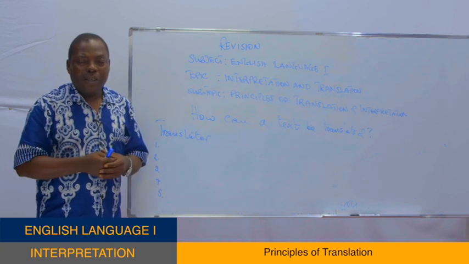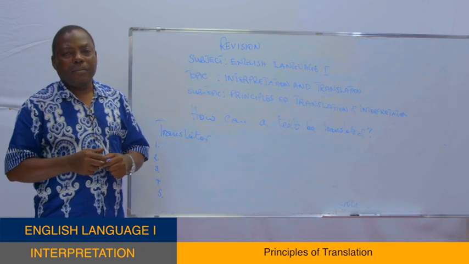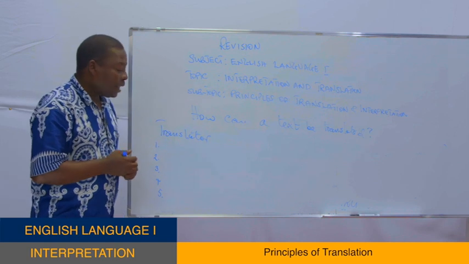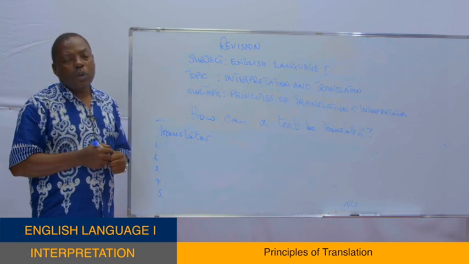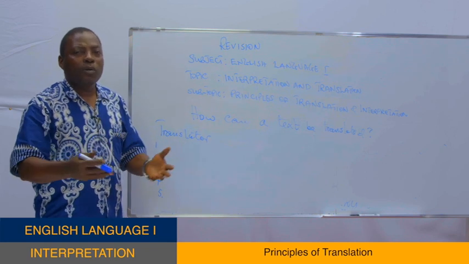When you read, you are trying to know the general overview of the text. Not only the general overview, you also need to see if there are things that you'll need during the process of translation.